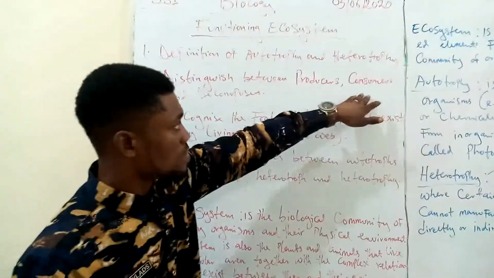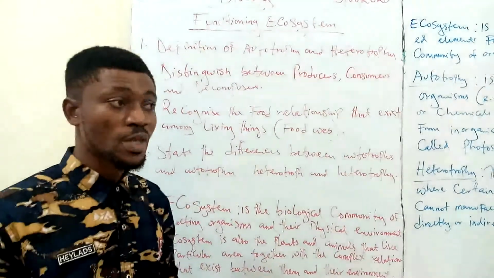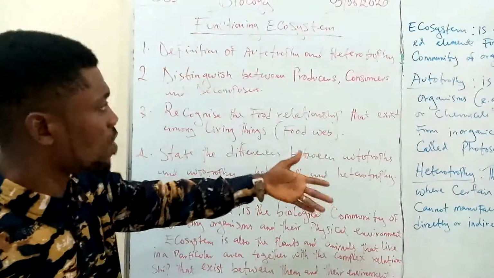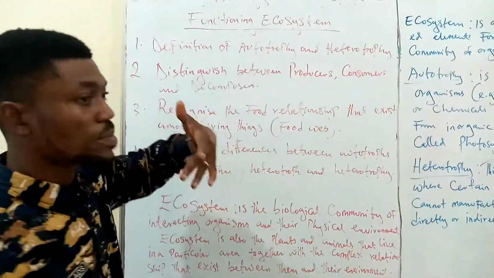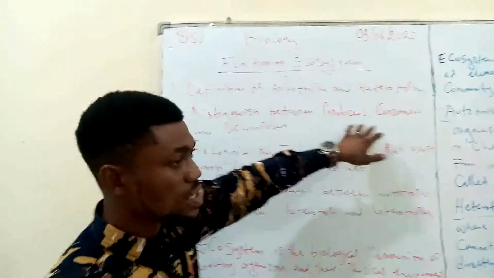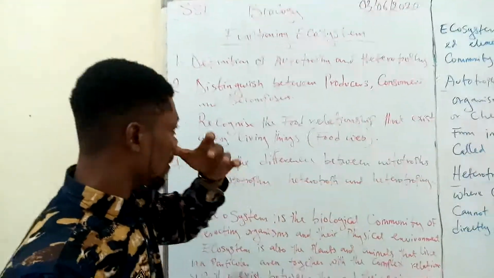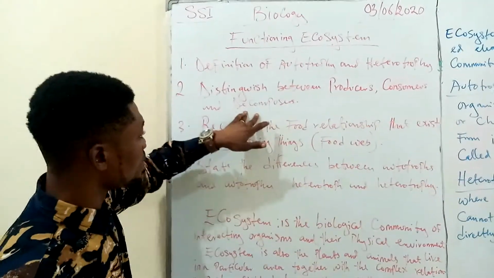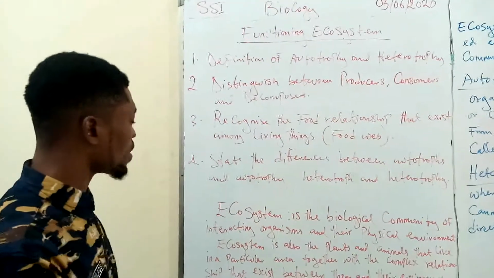And consumers here are the heterotrophic organisms because they depend on producers, which is the autotroph, for feeding. And the decomposers feed on dead organisms.